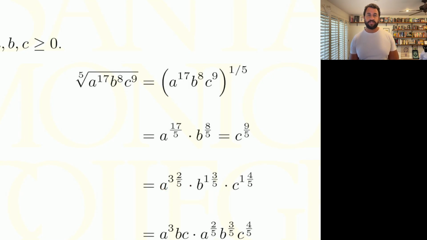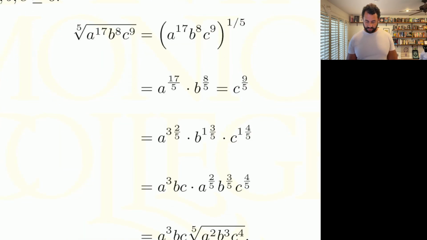So it's 3 2/5. How many times does 5 go into 8? Once with a remainder of 4. I'm sorry, remainder of 3. So that's 1 3/5. How many times does 5 fit inside of 9? Once with a remainder of 4. So that's 1 4/5. Okay, now what I want you to notice here is we have 3 whole factors of A, 1 whole factor of B, 1 whole factor of C, and then we have some fractional factors, right?